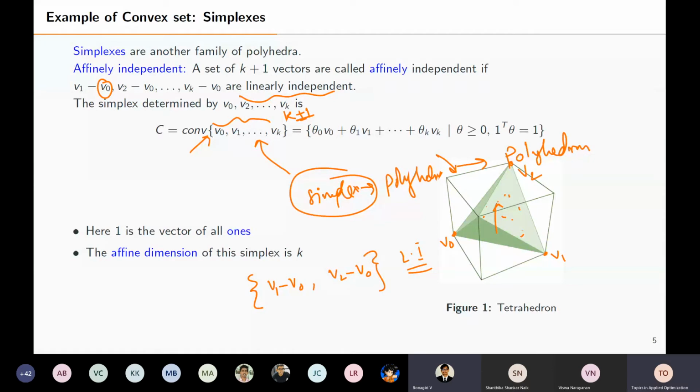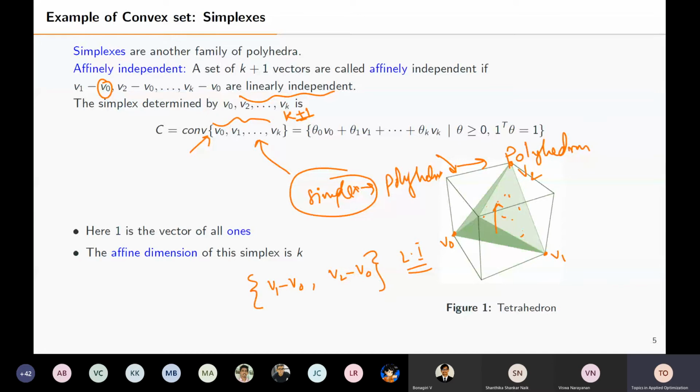So why are we again considering that V1 minus V0 and so on should be linearly independent? Is there any reason for this? Yeah, first of all, we want to give a dimension to this. The way we will give dimension is via the so-called affine dimension, because this is not really a linear space.